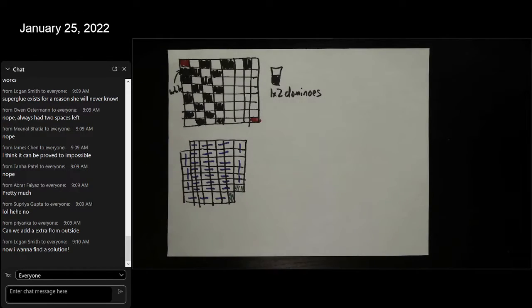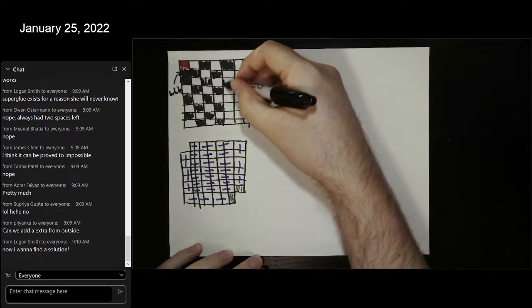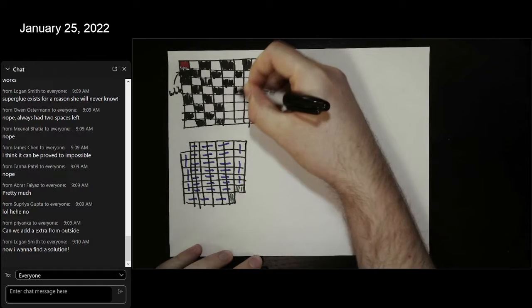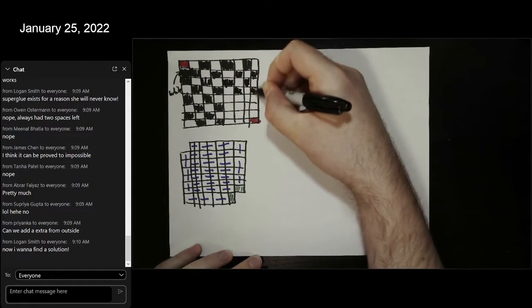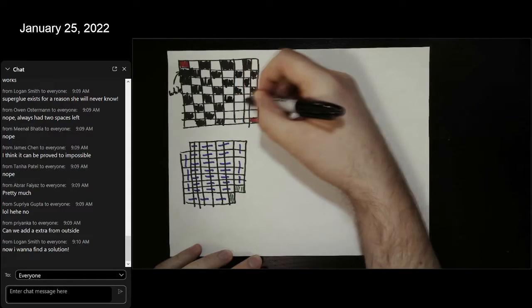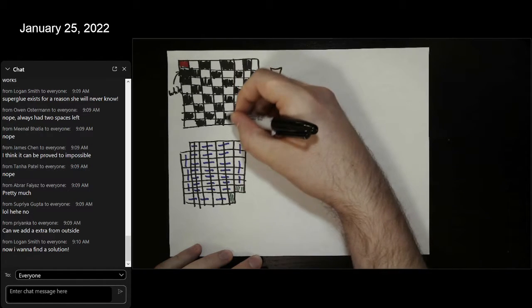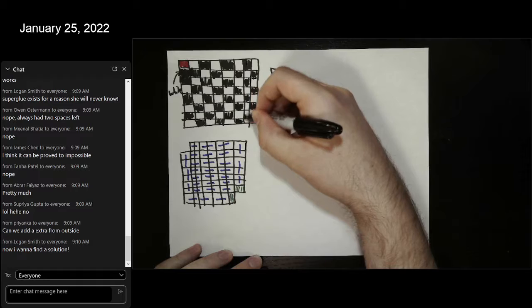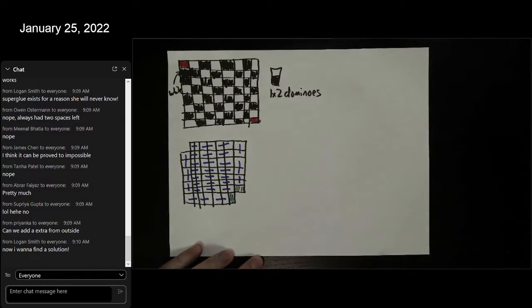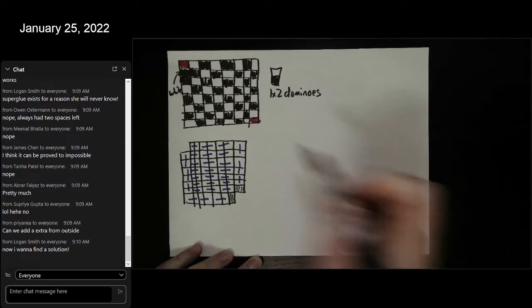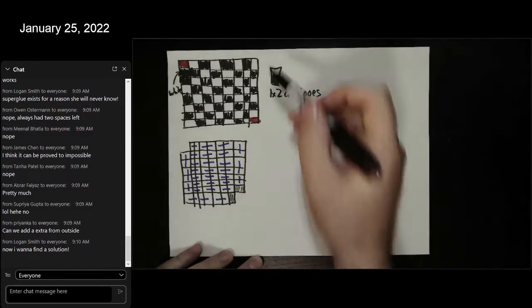If I look at my checkerboard pattern, which I failed miserably in actually coloring in, and I take a close look at my dominoes, every domino has a black side and a white side, which means every domino, no matter how I place it, is going to cover one black square and one white square.